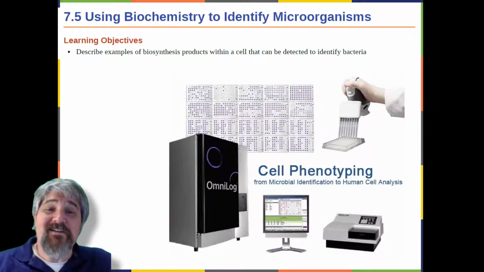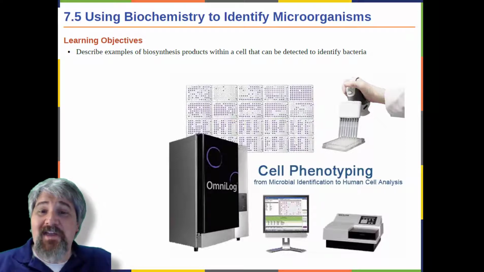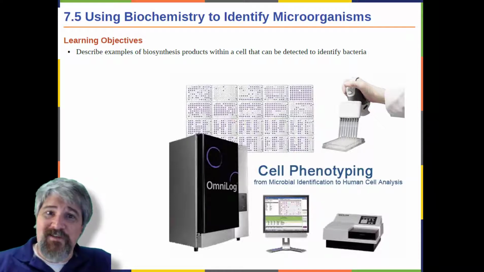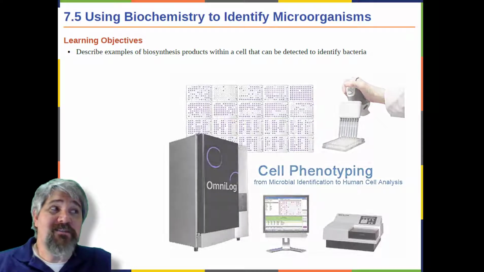Biolog's system identifies cells based on their ability to metabolize certain biochemicals and on their physiological properties, including pH and chemical sensitivity. It uses all major classes of biochemicals in its analysis. Identification can be performed manually or with semi or fully automated instruments.